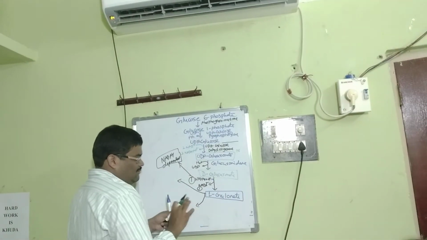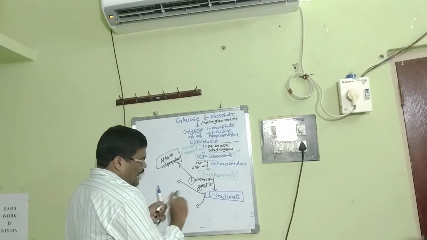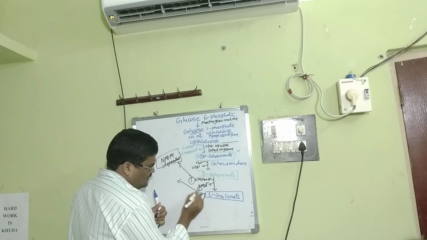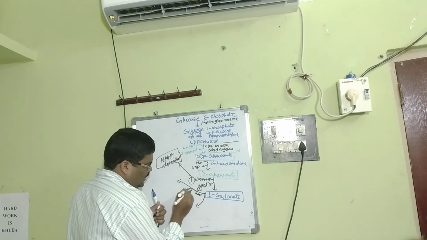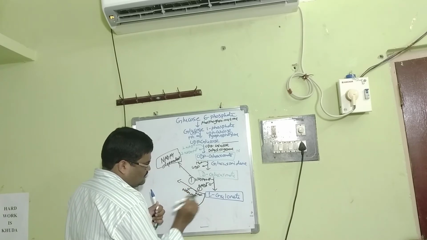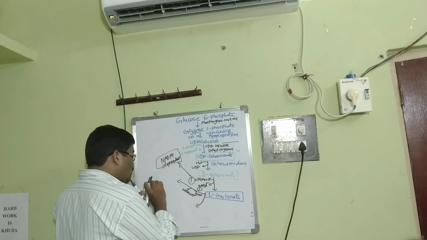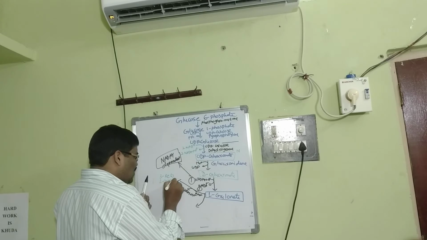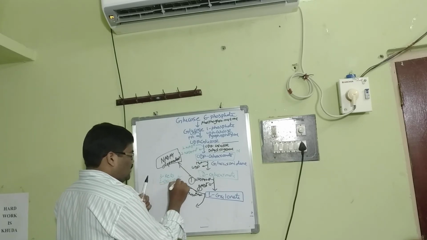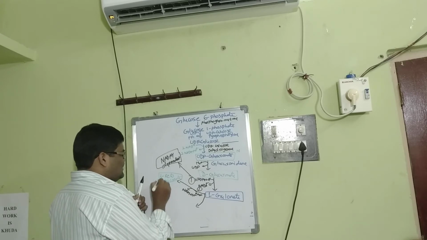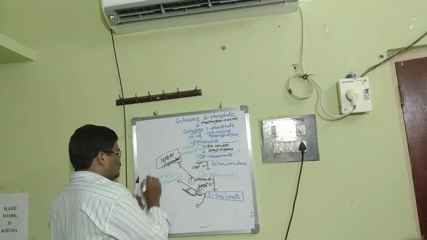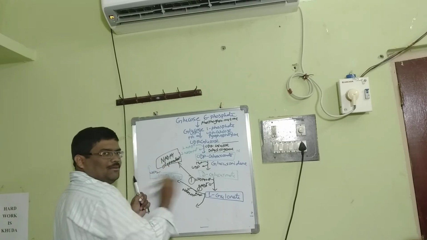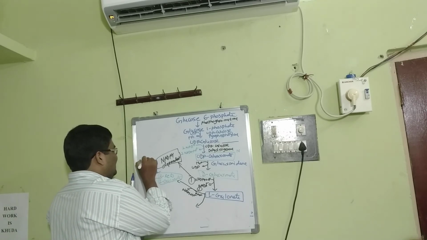This L-gluconate will be subjected to oxidation, NAD plus forming NADH plus H plus, so that it forms 3-keto-L-gluconate. This 3-keto-L-gluconate undergoes decarboxylation, CO2 is removed, to form L-xylulose.